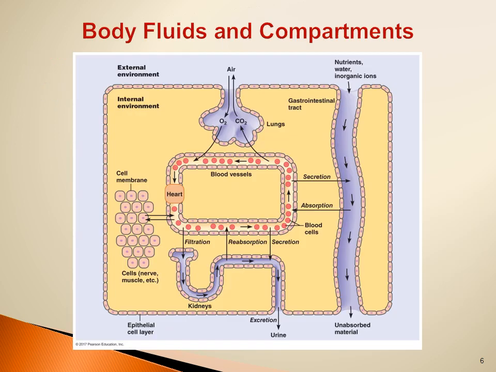This water inside the body is distributed in different compartments. In this figure we can see the entire body. The body is covered by the skin, and it is separated by the skin from the external environment, and the body cavities are lined by epithelium to separate the lumen of the different hollow organs from the internal environment of the body.